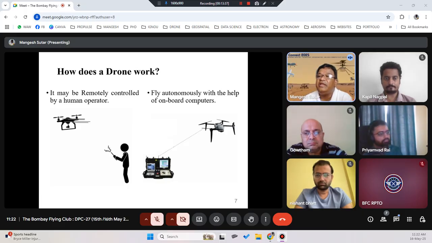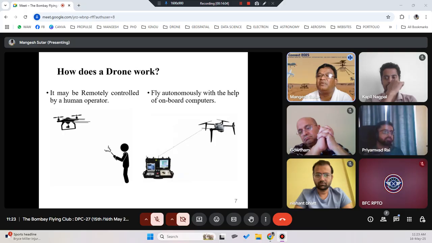So you need to read Drone Rules 2021. Rule number 3 says your model RPAS is limited by weight of 25 kg only. You cannot go beyond 25 kg, and it can be only used for fun, recreational, educational, testing, R&D, that kind of activity. You cannot use model RPAS for production or what we call commercial activities.